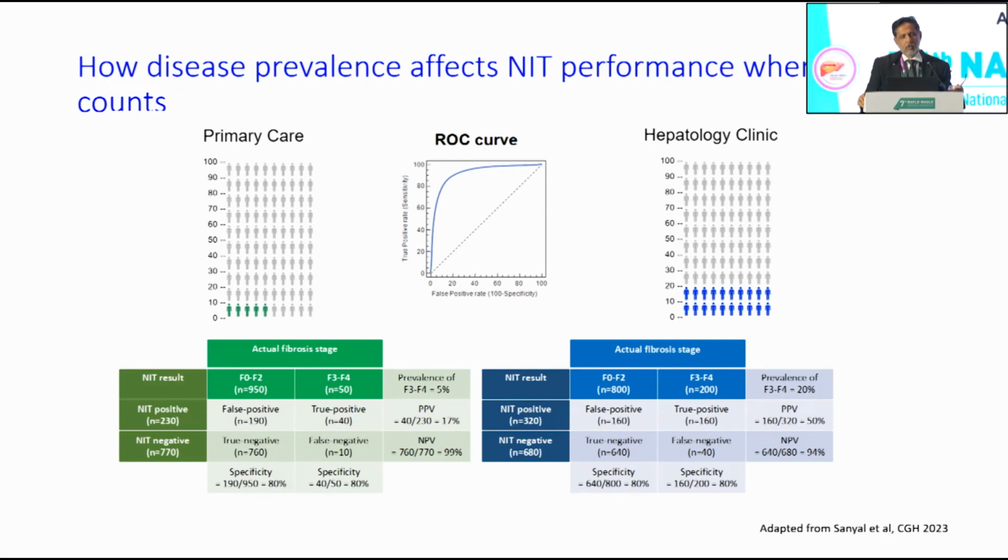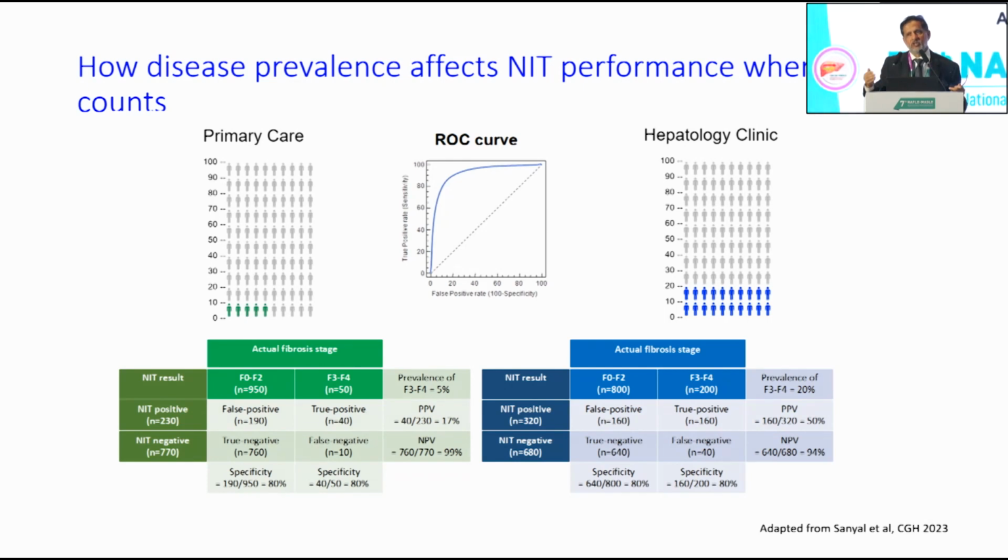Now, in primary care, the prevalence of the phenotype you're looking for, that is people who are scarring up their liver, is relatively low. Over there, with the exact same sensitivity and specificity, your negative predictive value is going to be high, your ability to rule out will be high, but your ability to rule in, or your positive predictive value, will be low.